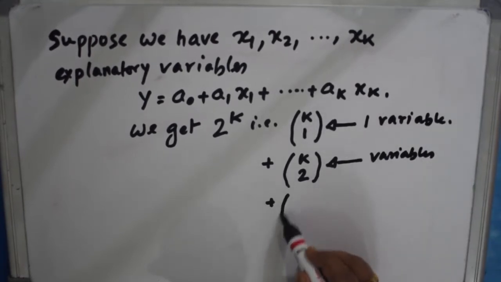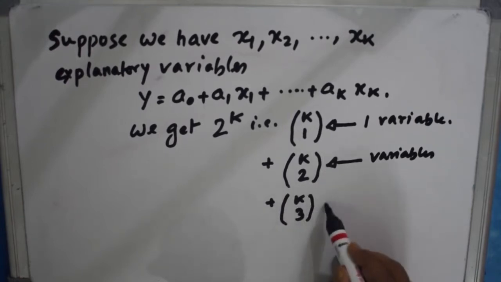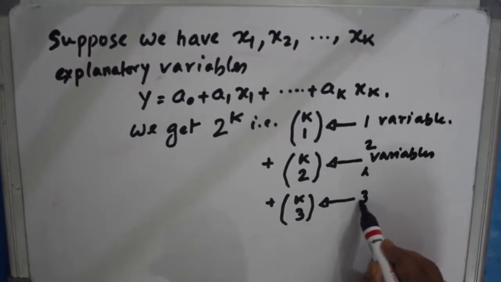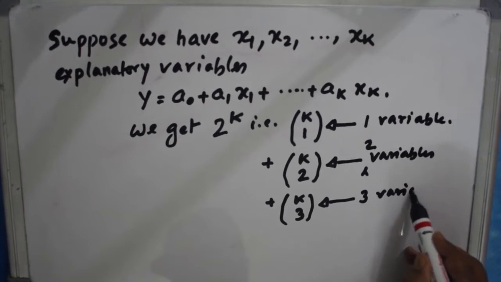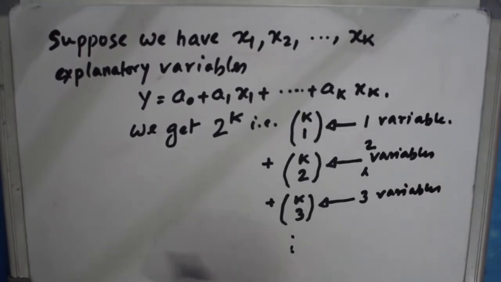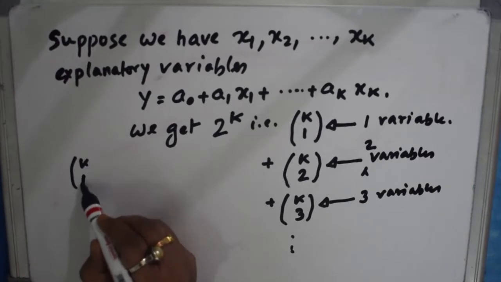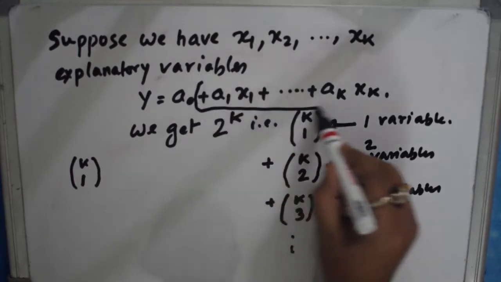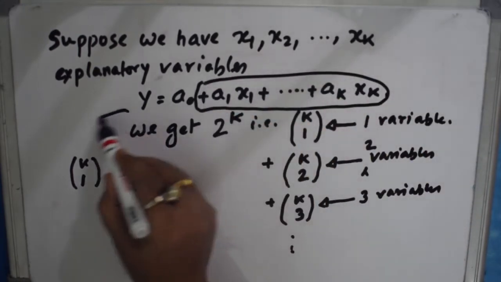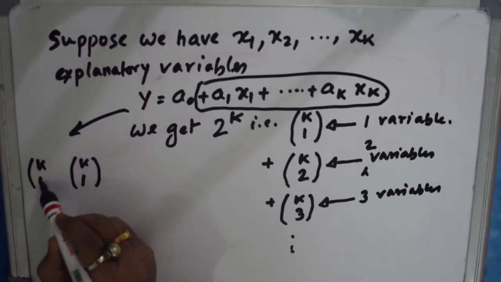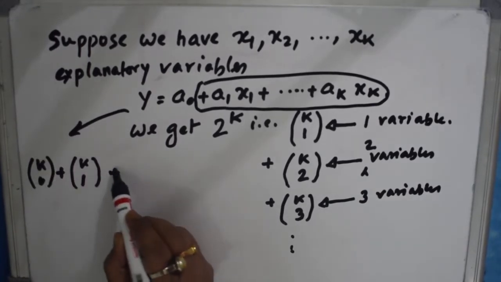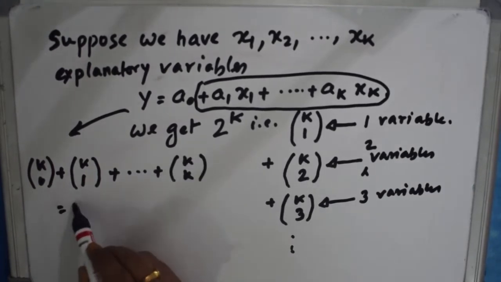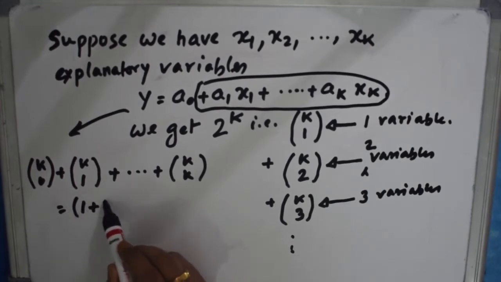If we choose three, we have KC3 choices. And if we choose no explanatory variable, only the intercept term, we have KC0 choices. So as a whole we get so many subsets or so many models.